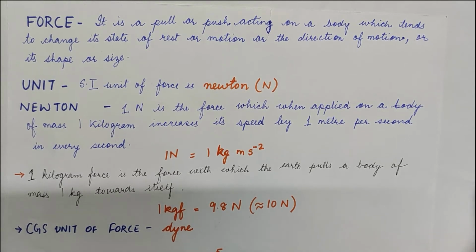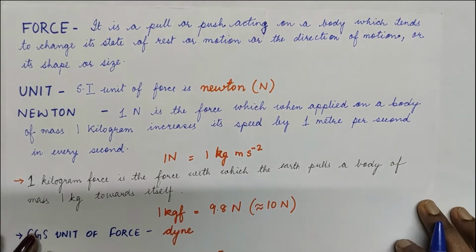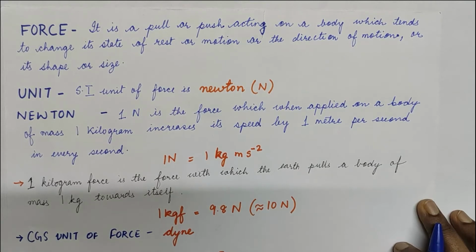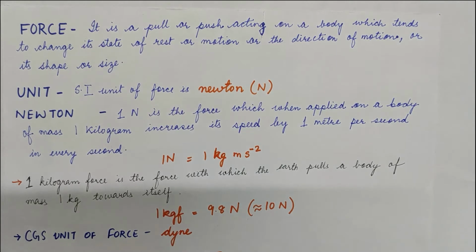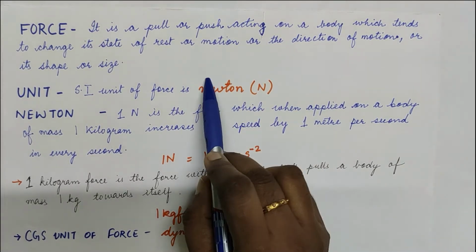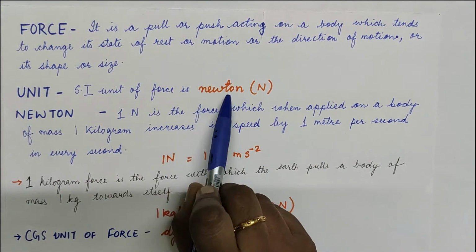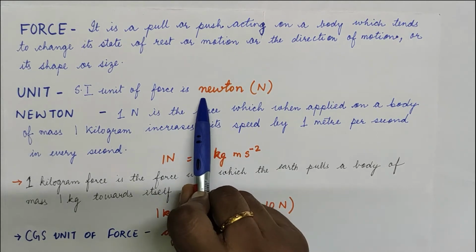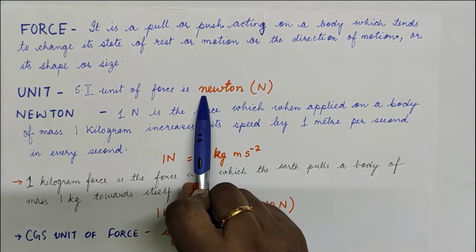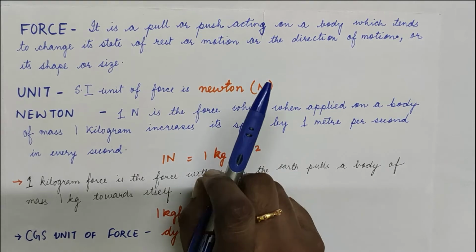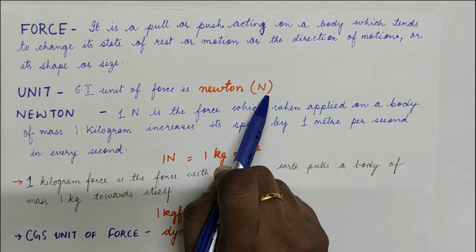So today we will be laying stress on the turning effect of force. But before that, let us recap a few points about force. You should remember that the unit of force is Newton. When we write Newton in full, we should write it with a small letter n, or if we write only N, then it should be capital.